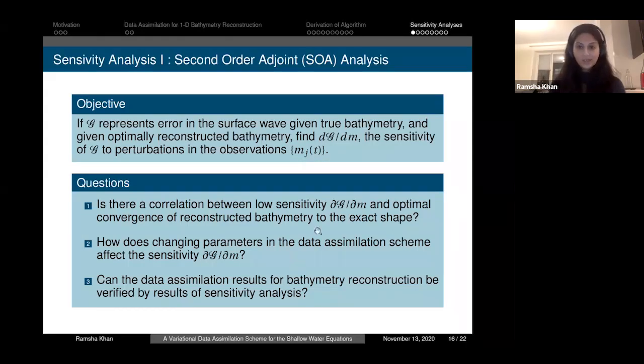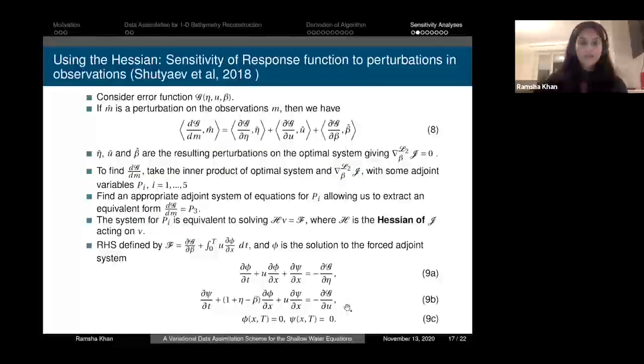So first things first, we have to try and find an expression for dG/dm. In this case, I used an analysis by Shutyev et al. from 2018, where they applied this to a general function, and then I applied it to the shallow water data assimilation.